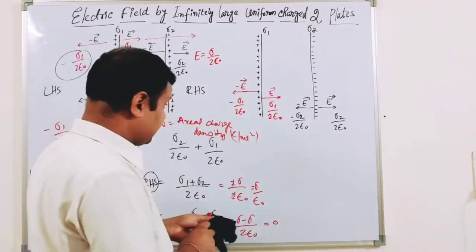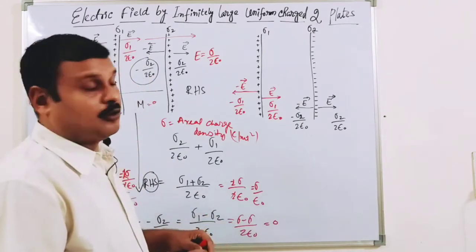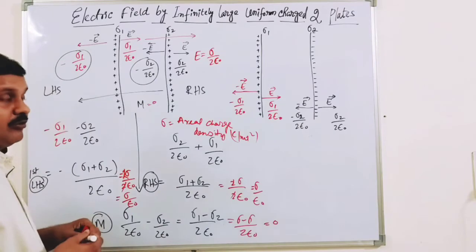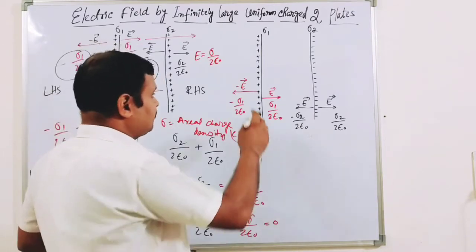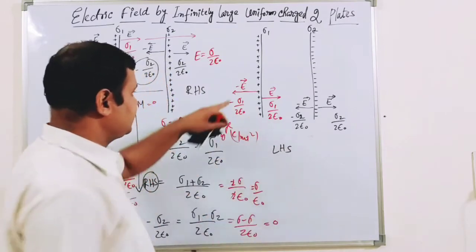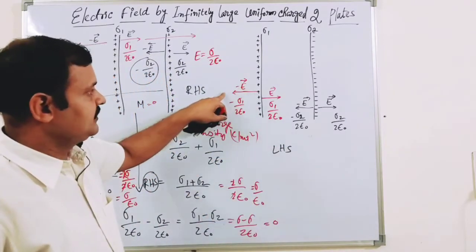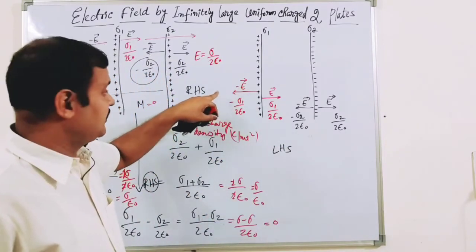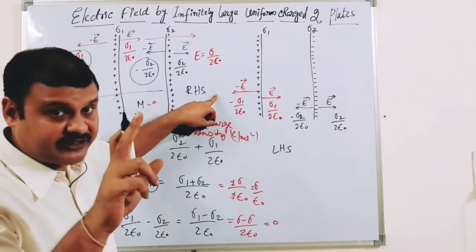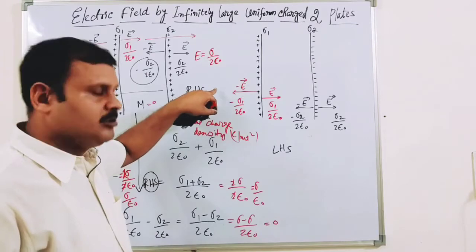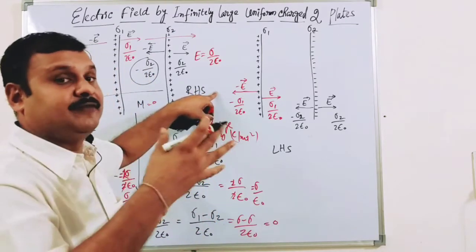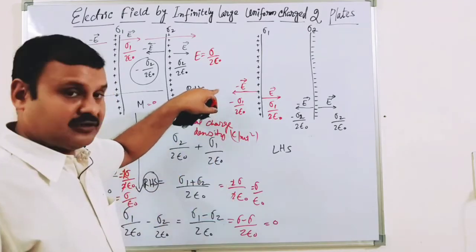Now we move to the second case. If the opposite charge plates are placed together side by side, what will happen in this one? Now see, for this left hand side, this is negative 1, because field, we consider, means we are putting a positive unit charge somewhere like this, and we try to find out what is the field vector working on that.